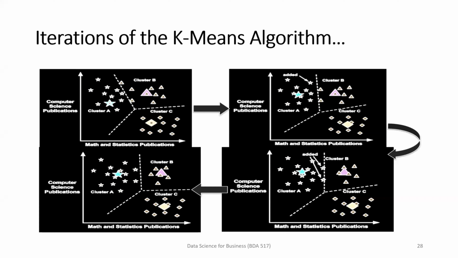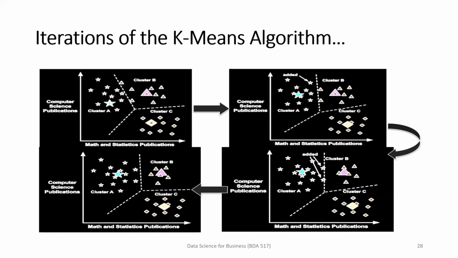Then it does the iteration again. Now when you come to the fourth quadrant, bottom left, you see that the whole thing is stable. Then it will stop iterating and give you the clusters. So at first it is not perfect. Have you seen some data points?